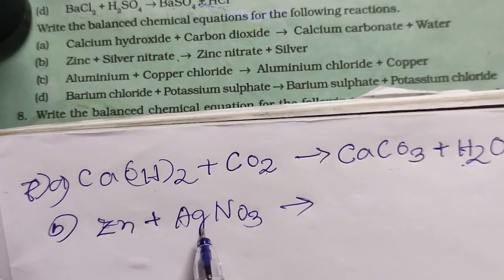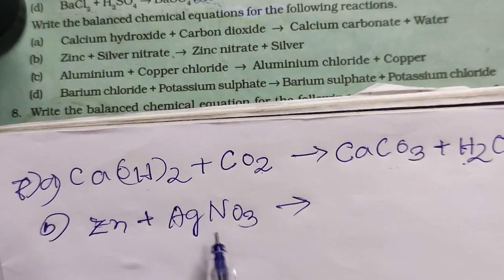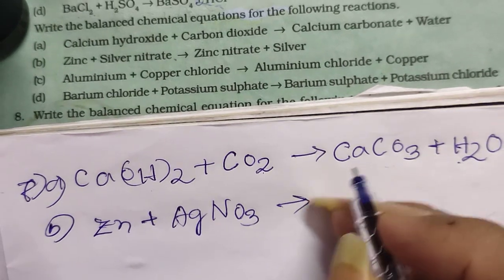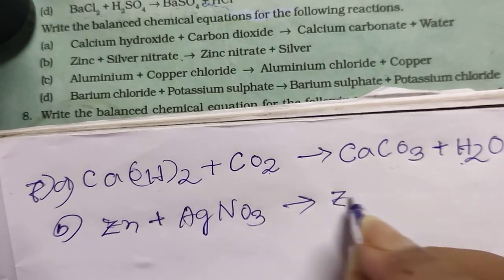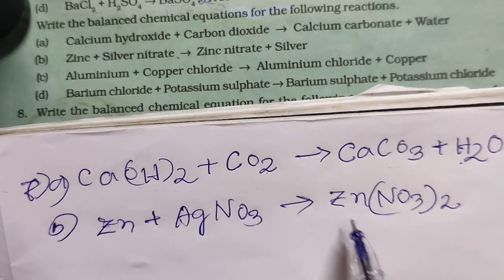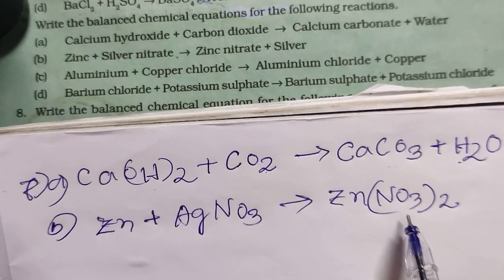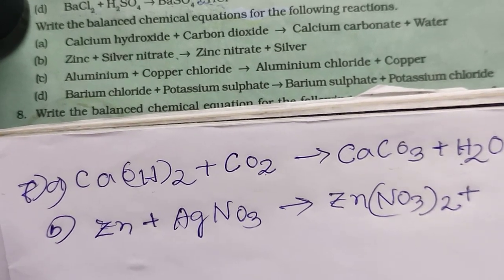Silver has the valency 1 and nitrate also has the valency 1, that is why the symbol for silver nitrate is AgNO3. Next, the product is zinc nitrate, Zn(NO3)2, because zinc has the valency 2 and nitrate has the valency 1, that is why Zn(NO3)2.